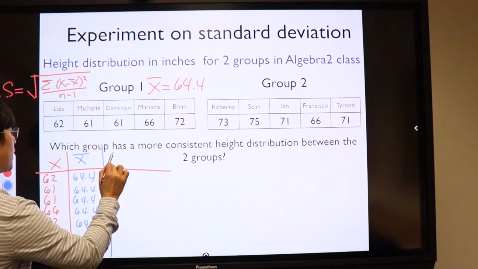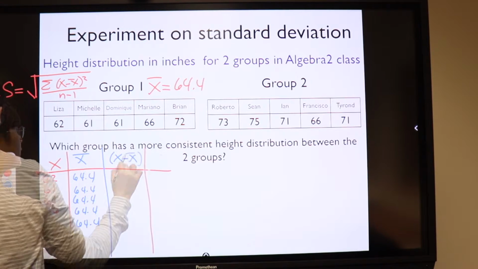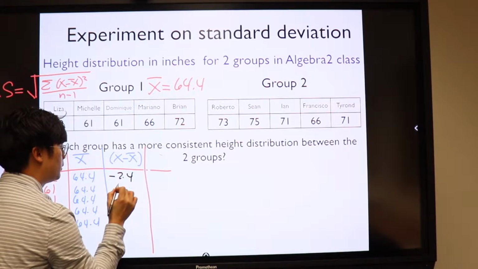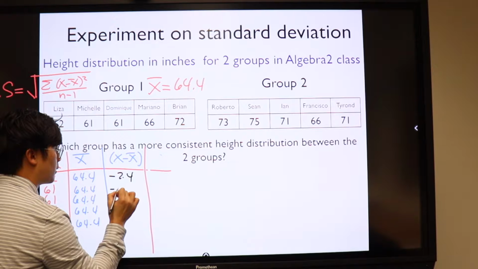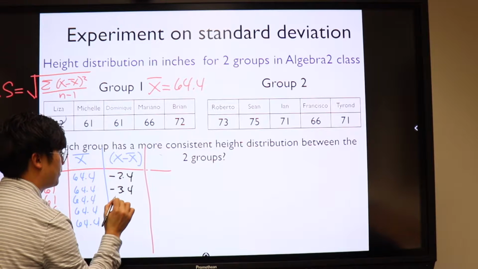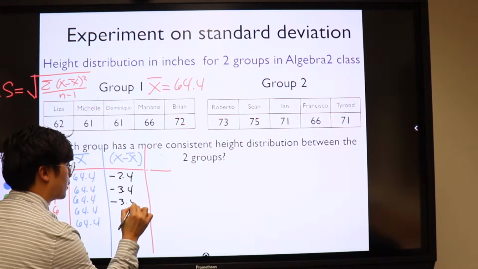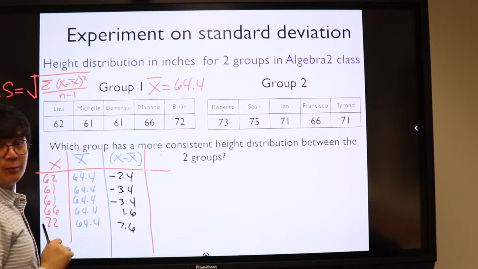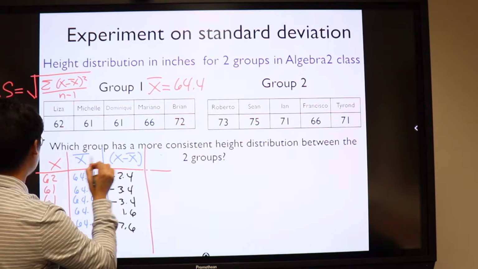And then I need my x minus x bar. Okay, tell me. Negative 2.4, negative 2.4. The next one's negative 3.4, negative 3.4, 1.6, 7.6. And then I need to square it.